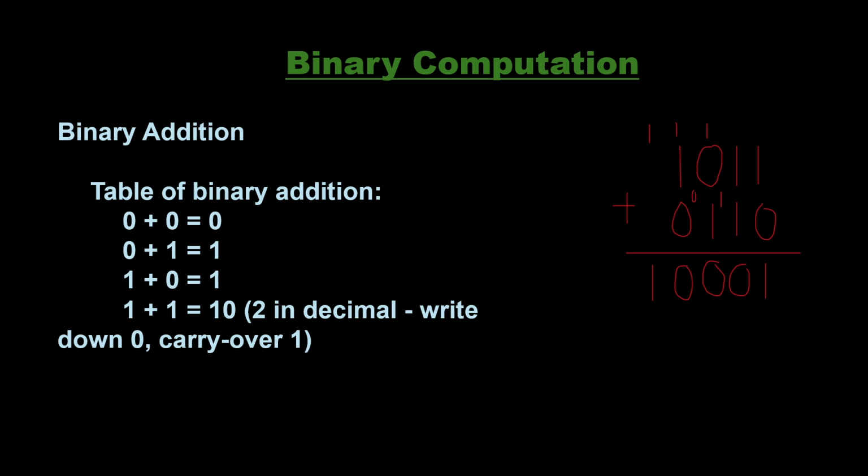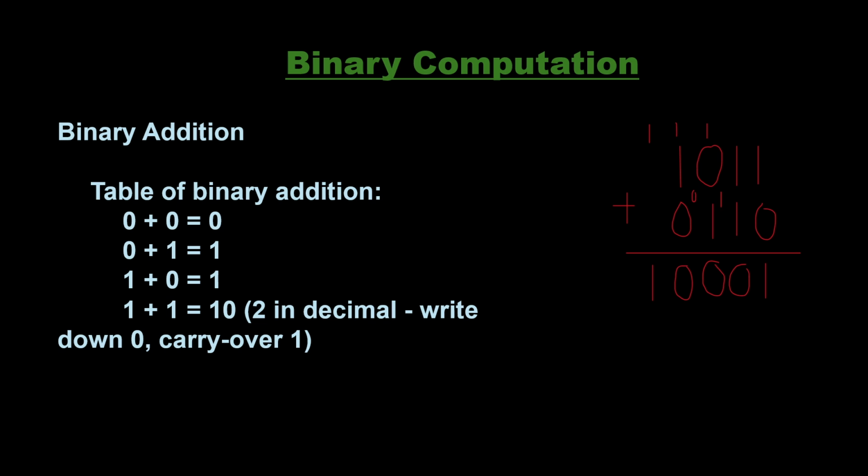So starting from the right, 1 plus 0 equals 1. Next, 1 plus 1 equals 10, so we write down 0 and carry over 1. Then, 0 plus 1, the carry, equals 10. So we write down 0 and carry over 1.